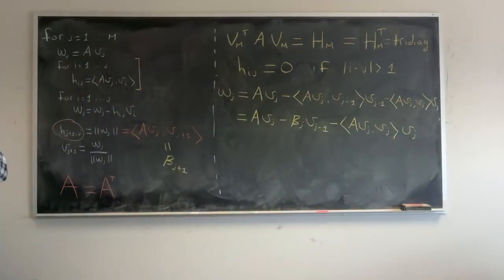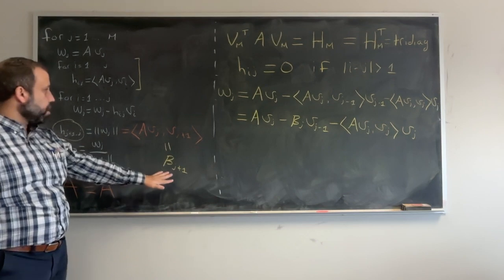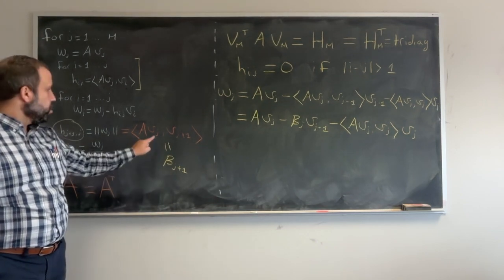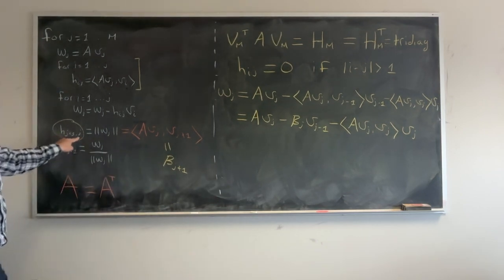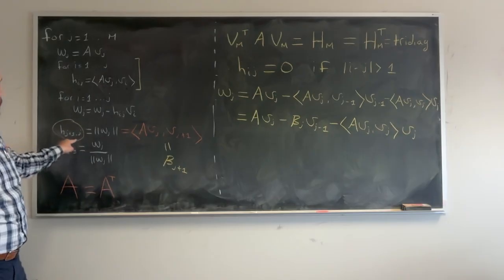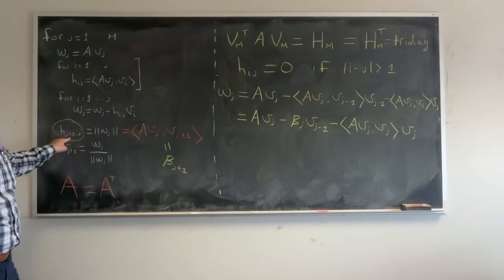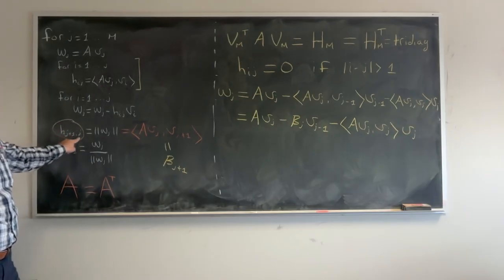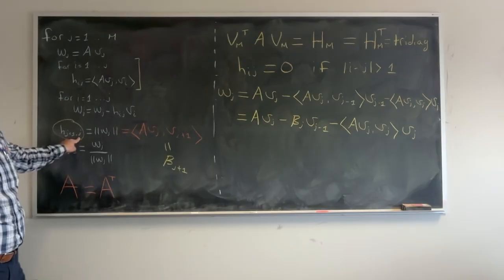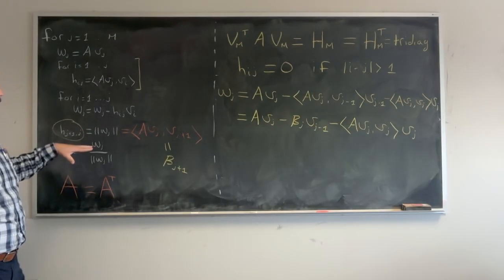The other piece of notation that we're going to introduce is that we use these betas when the indices j plus 1 and j are not equal to each other. Because H is tridiagonal, these two indices can only differ by 1, and because it's symmetric, h_{j+1,j} equals h_{j,j+1}.